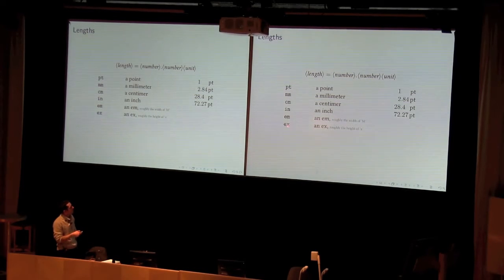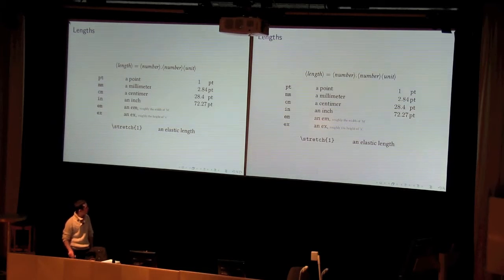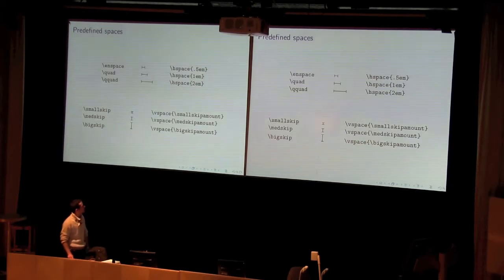So we also have the X, which is the height of one X. Okay. And this length, which is elastic, is not exactly what is used in interword spacing, but we'll see later what it can be used for.